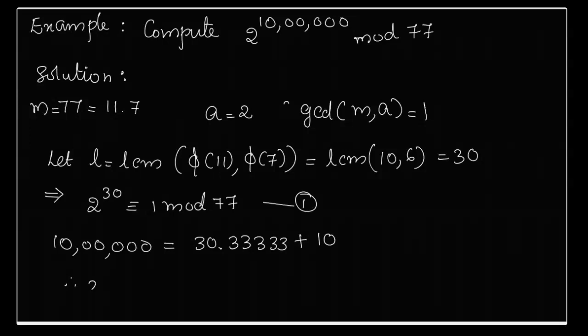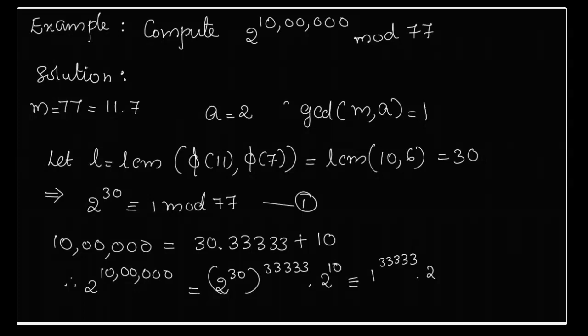Therefore, 2 raised to 10 lakh can be expressed as 2 raised to 30 whole raised to 33,333 into 2 raised to 10, which is congruent to 1 raised to 33,333 into 2 raised to 10, which is equal to 2 raised to 10, and 2 raised to 10 is 1024, which leaves the remainder 23 when divided by 77.